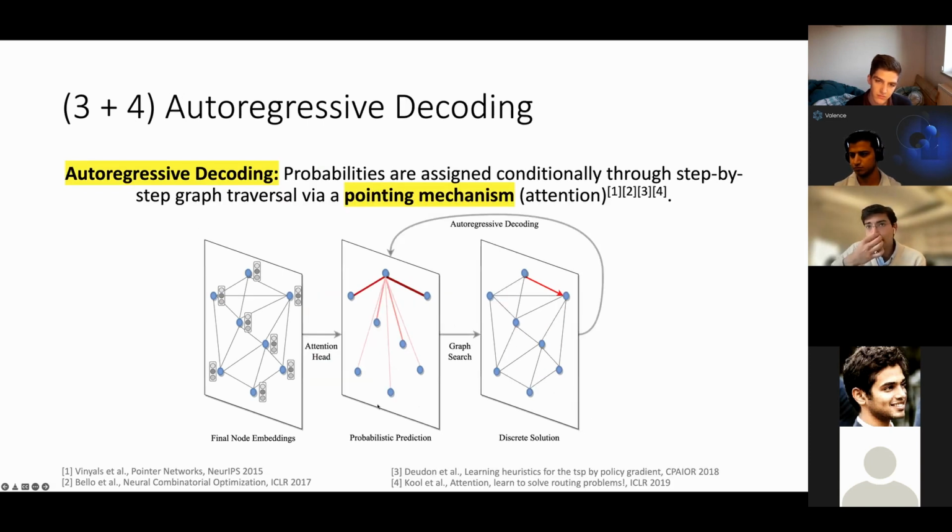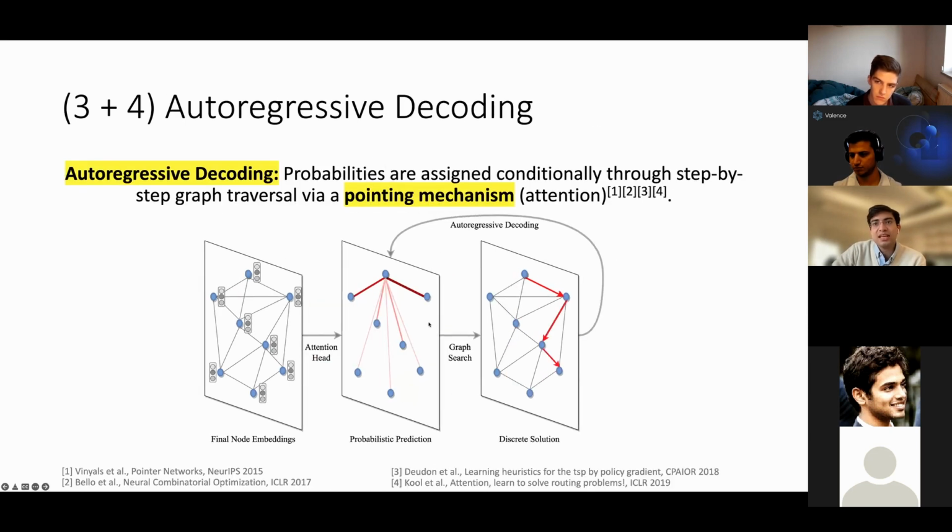Now, another approach is to do something called autoregressive decoding. And here you come up with probabilities, or you come up with discrete solutions step by step through graph traversal. Previously we were first coming up with all the probabilities and then using search. But in the autoregressive setup, you first make a prediction in each step, and then you take a step of search, and then you follow that and you decode step by step.